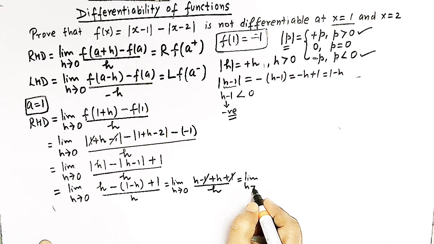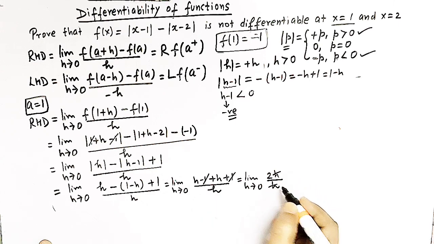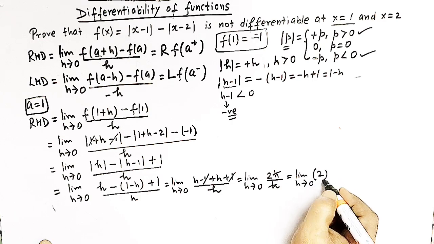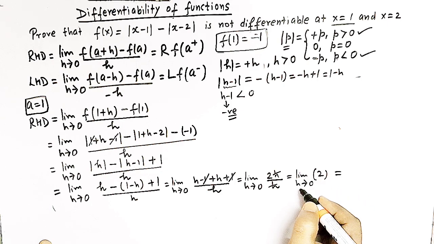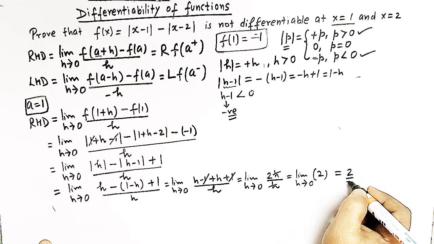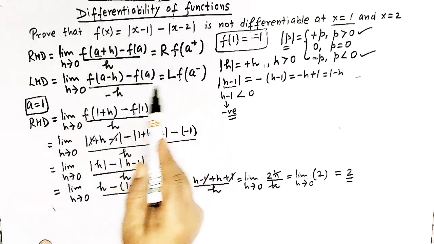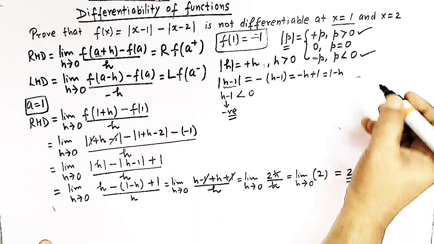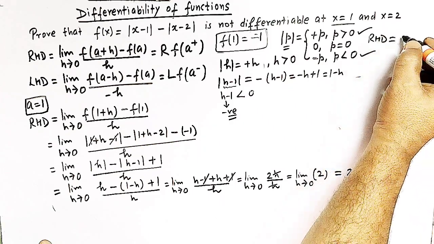We have limit h tends to 0, this is 2h over h. H plus h is 2h over h. H and h get cancelled. We have limit h tends to 0 and 2, right? And now this expression is independent of h, so the limit is simply 2, right? So the right hand derivative of this function at x is equal to 1, or a is equal to 1, is given by 2. So here we write the right hand derivative equal to 2.